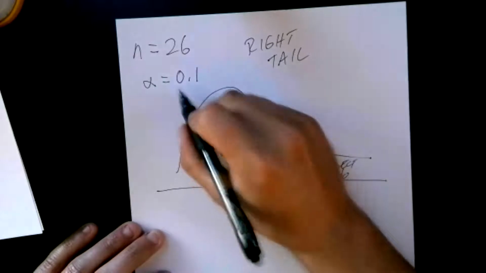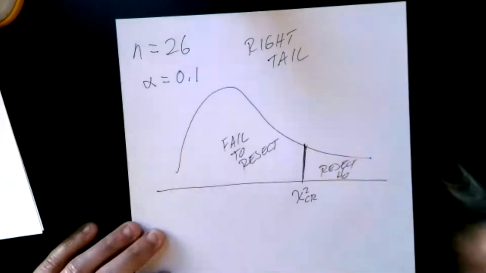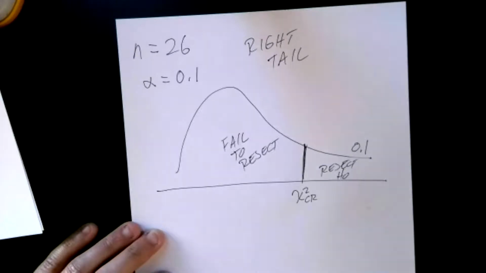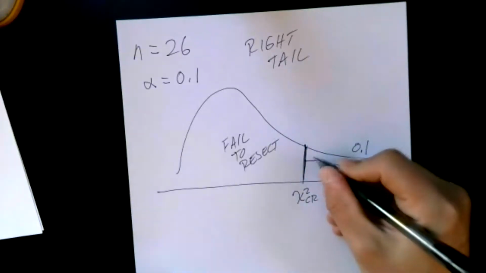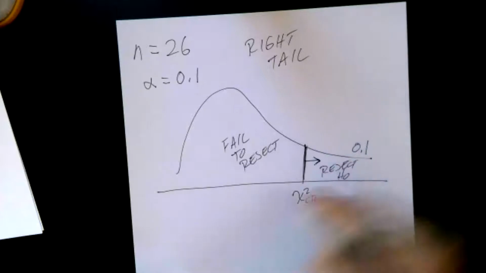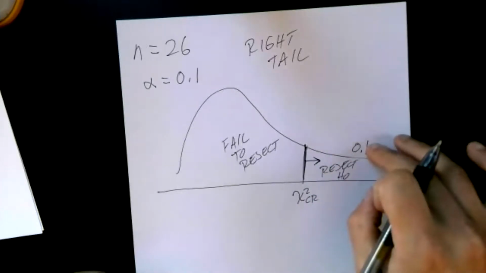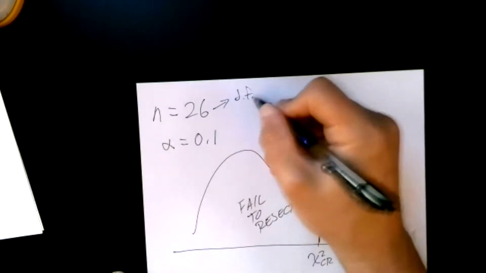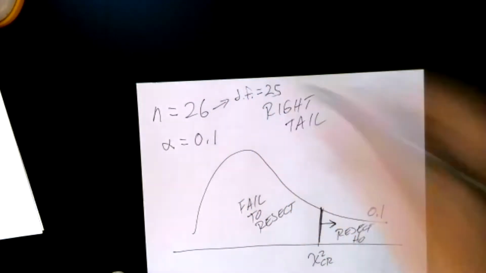Now, the alpha value is the area in the tail, which is 0.1. The chi-square distribution always uses the area to the right, so the area to the right is 0.1. N is 26, therefore degrees of freedom are 25.